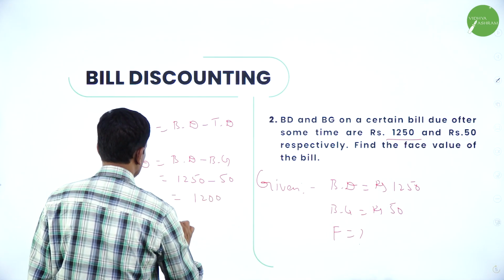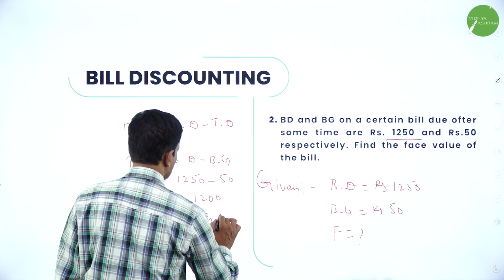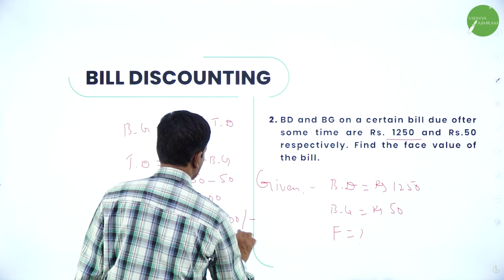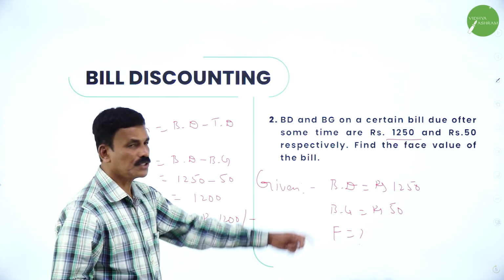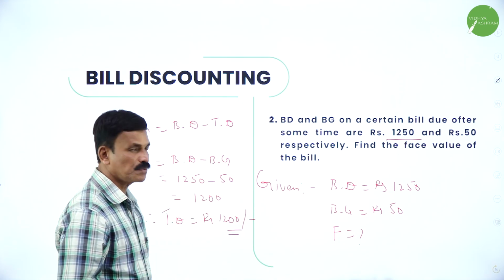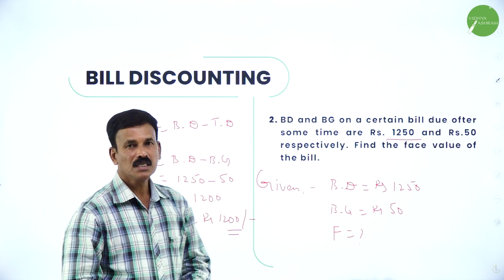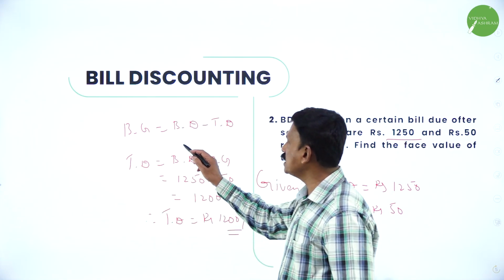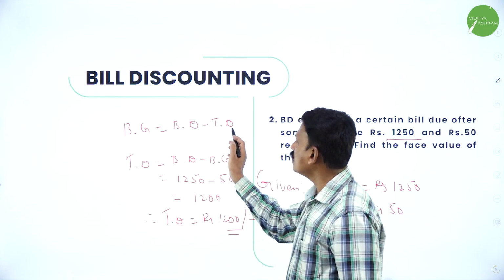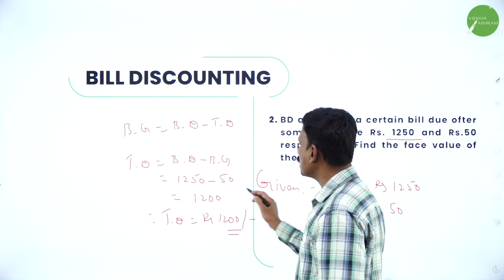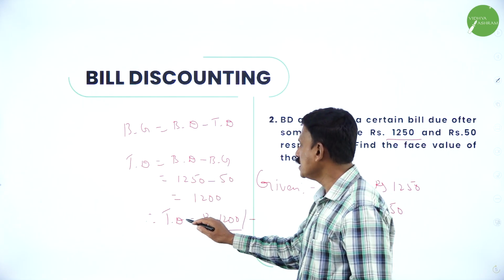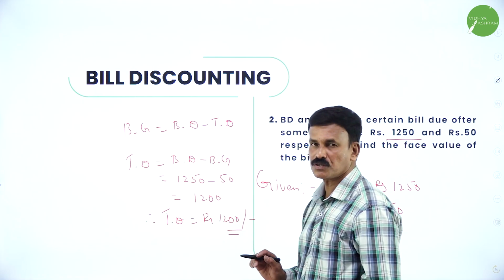So therefore TD is equal to rupees 1200. See here, BD is 1250 and BG is rupees 50. Face value is to be determined. Since we know the relation BG is equal to BD minus TD, or TD is equal to BD minus BG, BD is 1250 minus 50, that is 1200. Therefore TD is equal to 1200.